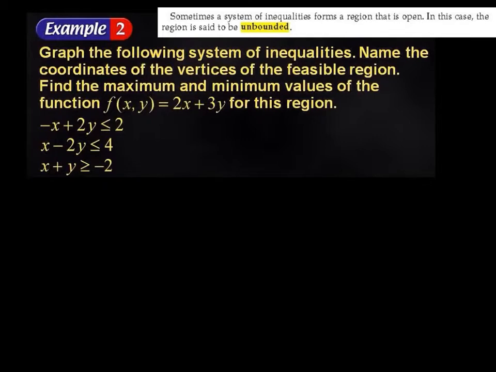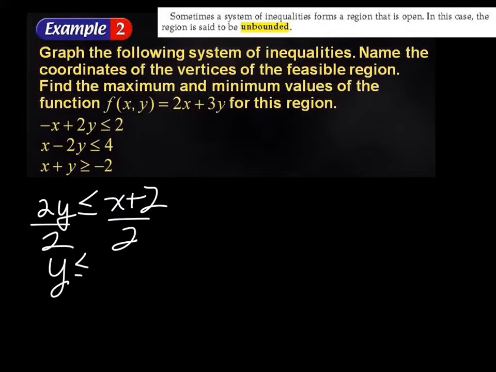I think for graphing we like to solve for y first. So I'm going to take the first equation and add x to both sides, so 2y is less than or equal to x + 2, and divide by 2, so y is less than or equal to 1/2 x + 1.